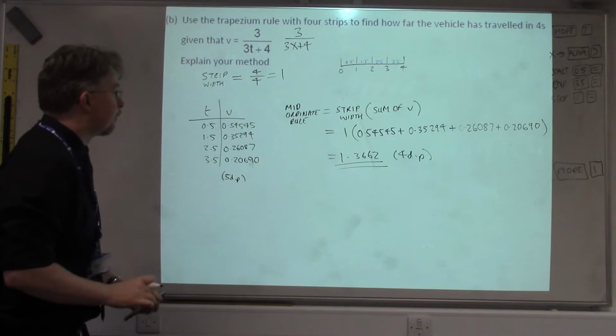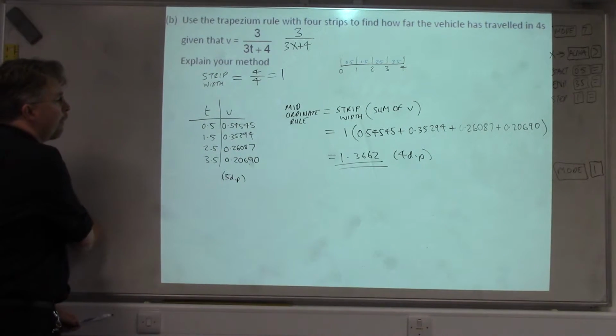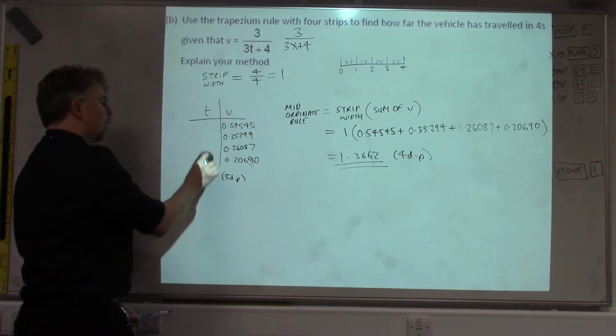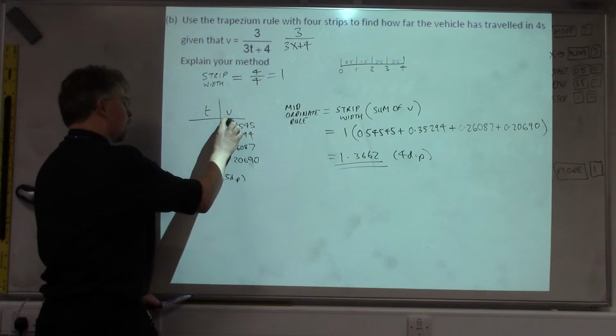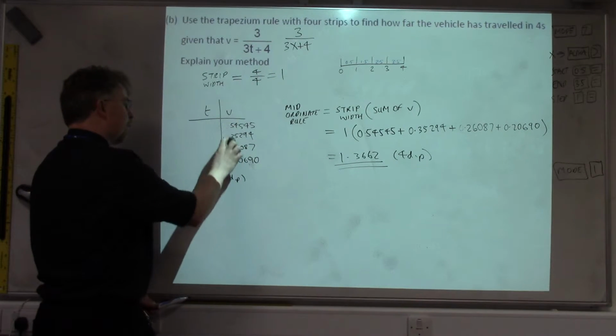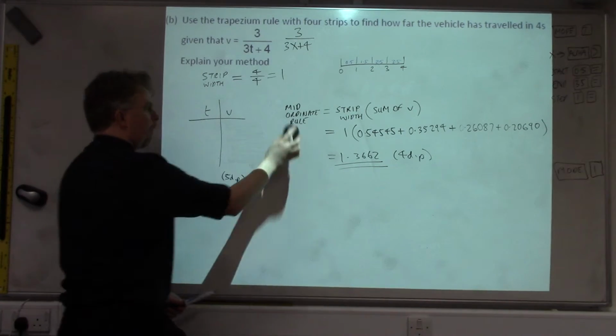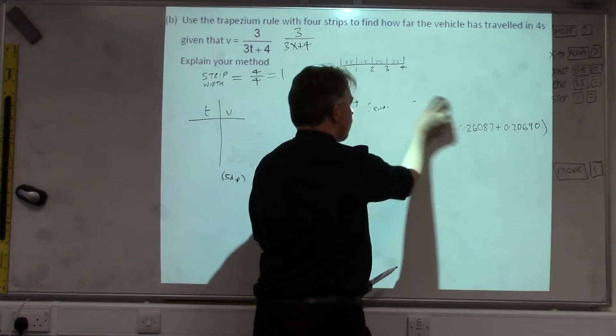Trapezium rule. So the strip width is the same, but now in our table we need the edges of the strips and therefore the corresponding V values. And of course a different formula for our estimate.